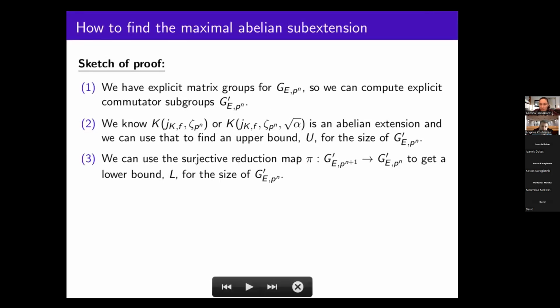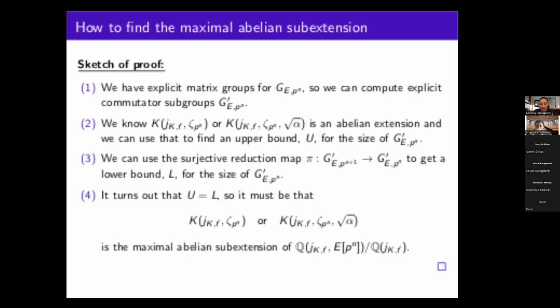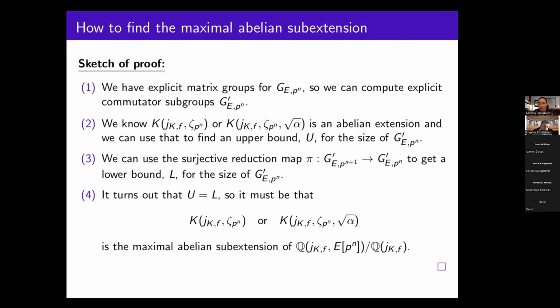Now this reduction map, just going from one level to one level down to the commutator subgroup, is surjective and will help give us a lower bound for the size of the commutator subgroup because we know it's shrinking by a certain amount. It turns out that this upper bound and lower bound meet for the cases that I've looked at. So it must be the case that the abelian extension we started off with is actually the maximal abelian extension contained in our extension.